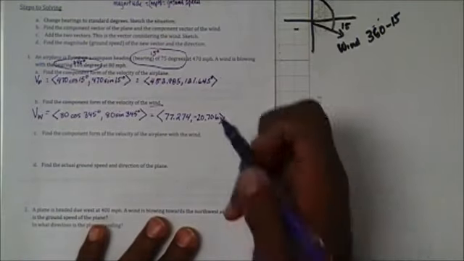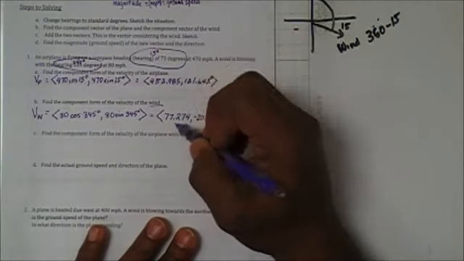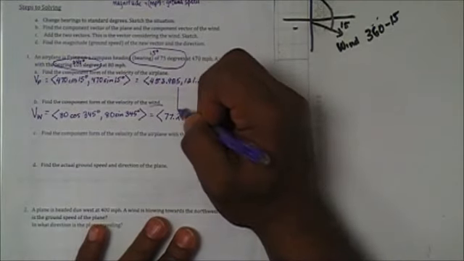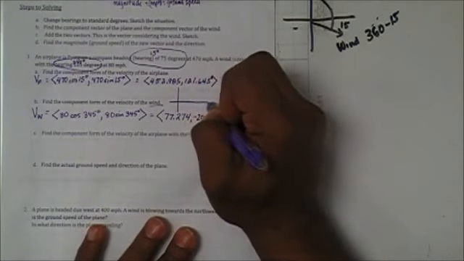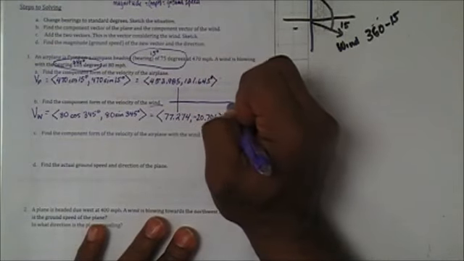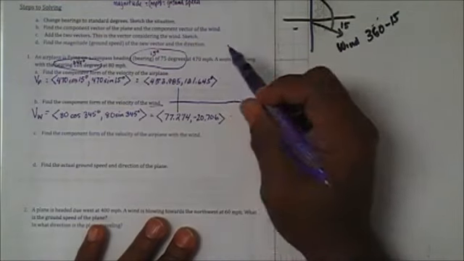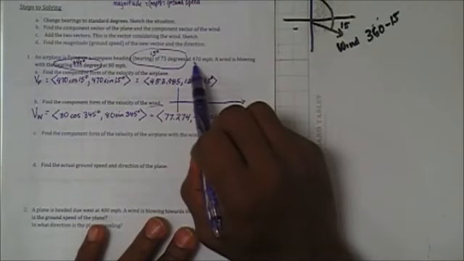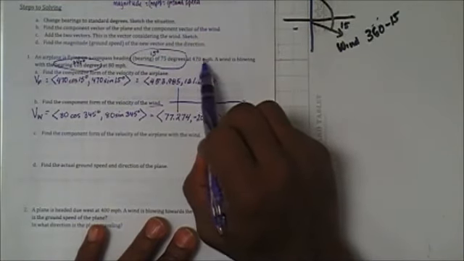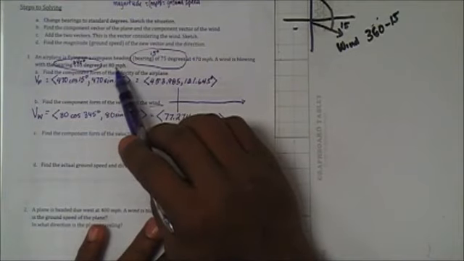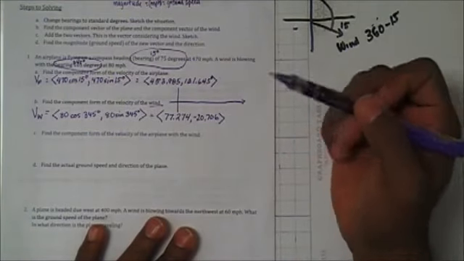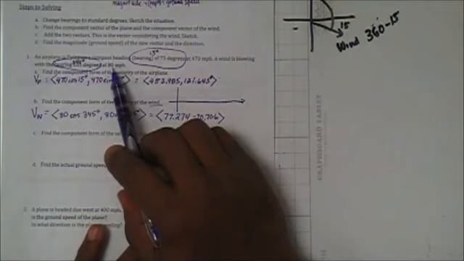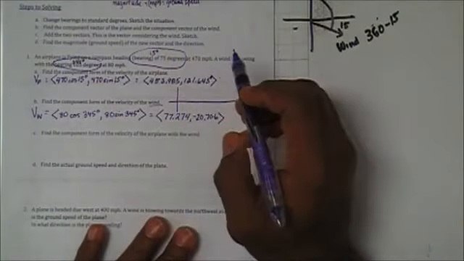So let's just take a second to look at the picture of this. I'm going to draw this right in about here. If we can imagine this for a second, we have a plane flying at 470 miles an hour and the wind blowing at 80 miles an hour. That wind vector, since its magnitude is a lot less than the plane, we're not trying to be exact here, but we have an angle.